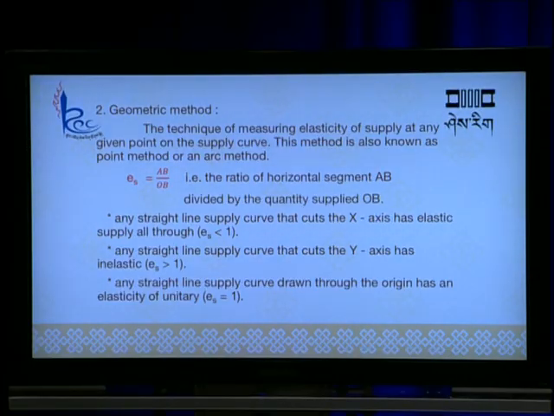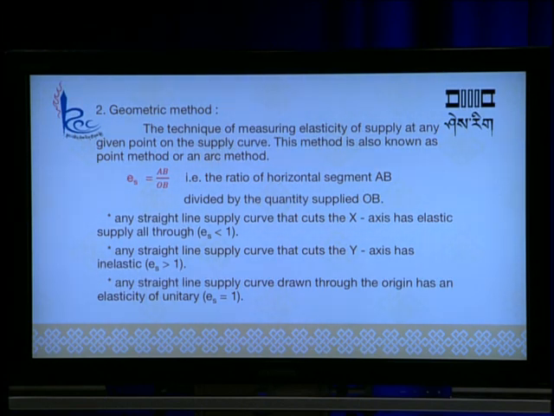Any straight line supply curve that cuts the x axis has elasticity of supply less than 1 throughout the curve. So throughout the curve they are going to have the same value for elasticity of supply.